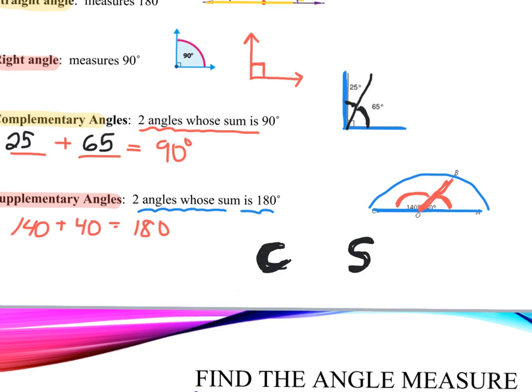Now I'm going to go like this. C, complementary, what number do you think of? You got it, 90. 90 degrees. And when I say complementary, do you think of 90? When I say supplementary, you're going to think of 180. 180 degrees. There you go. There's your trick for the day.